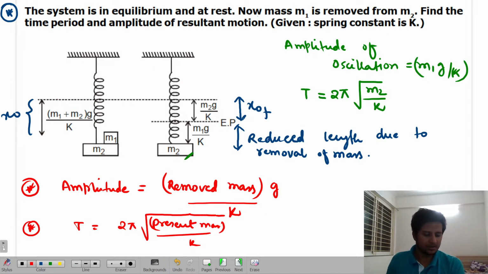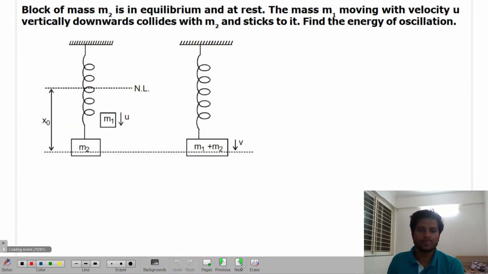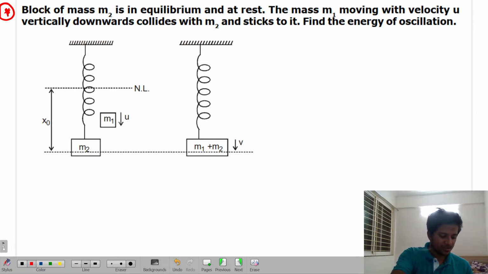Okay, let us just try based upon this one more question. Then we'll move ahead. Okay, try this. What it is saying? This time, previous one was a removal of mass. This time it is a addition of mass. Think.